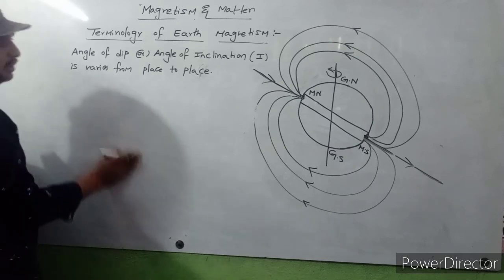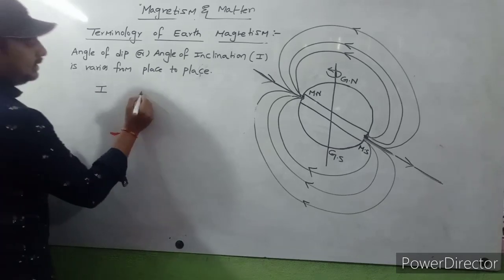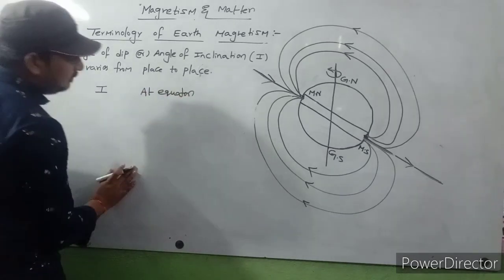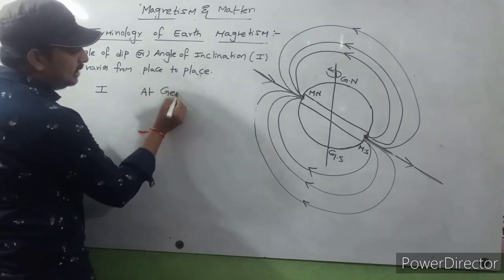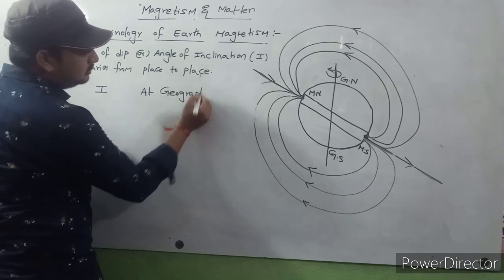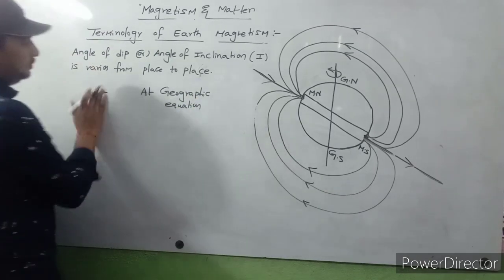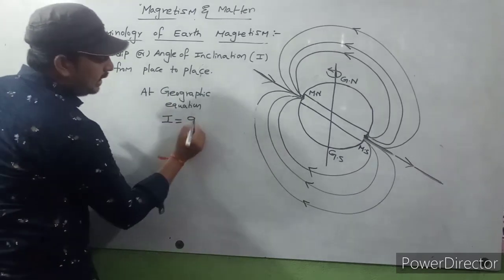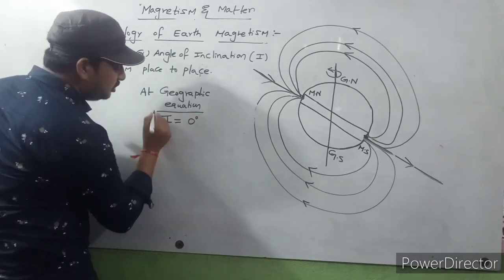Observe carefully how it varies. Angle of inclination at the geographic equator is 0 degrees.